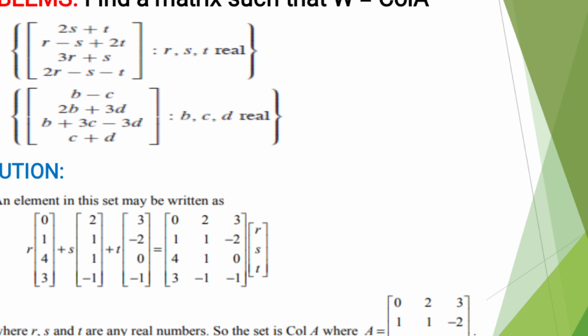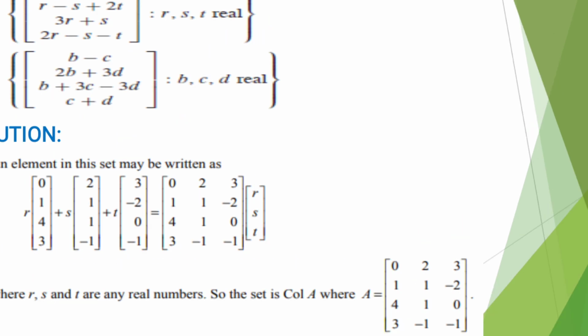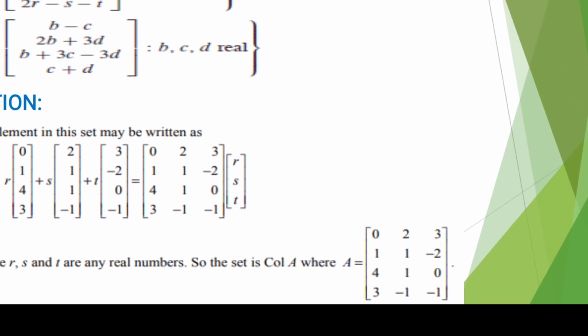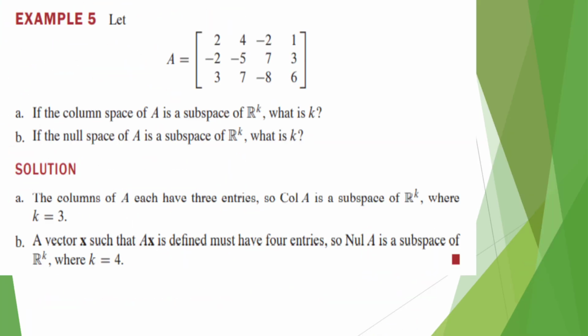These three coefficient vectors form the matrix A. So the matrix A is 0, 2, 1; 1, minus 1, 2; 3, 1, 0; 2, minus 1, minus 1.